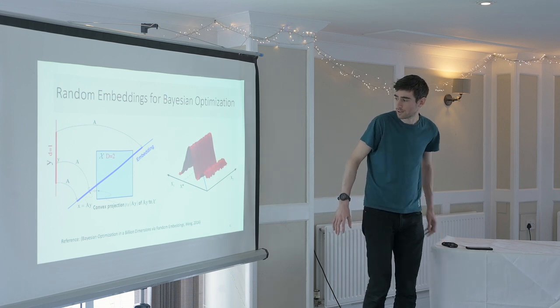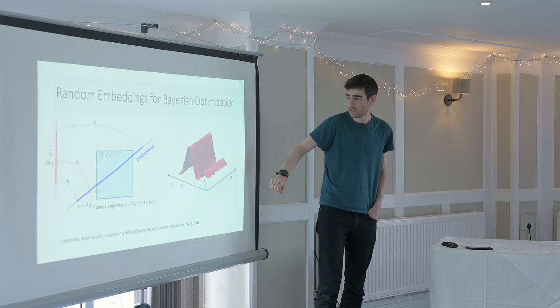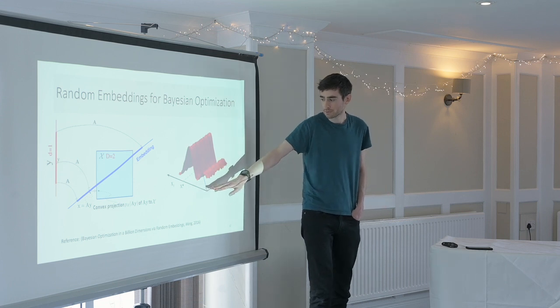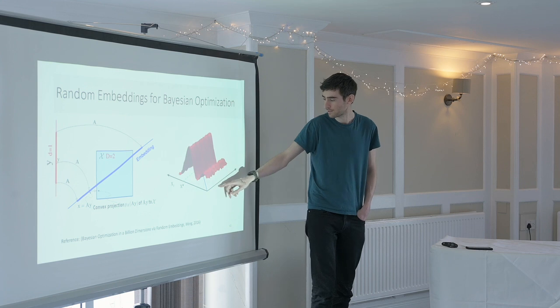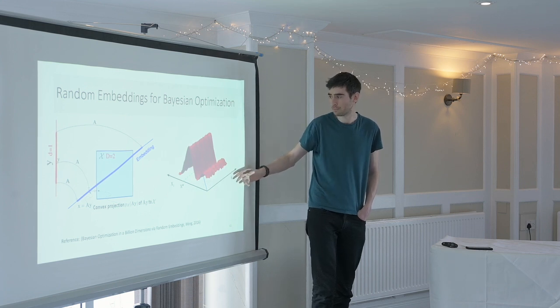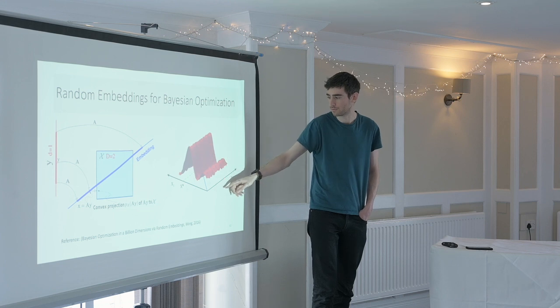So in 2 dimensions, this is what the idea looks like. X1 here is the important dimension because the objective varies a lot according to it. X2 is the less important dimension because the values are fairly constant with respect to X2.